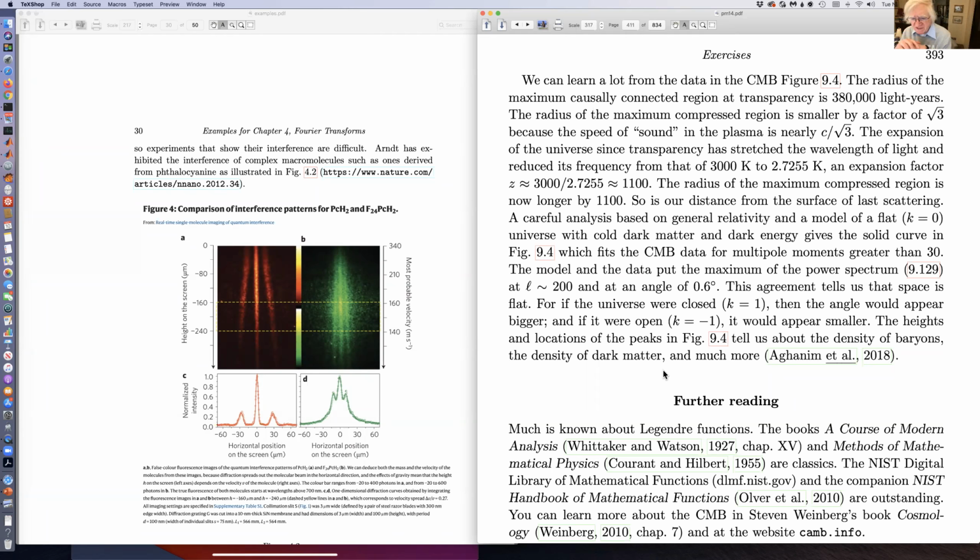All right, enough of that. We've got 4 minutes left. I really should say something else. Maybe I'll just say something about this last paragraph here. The radius of the maximum causally connected region at transparency is, well, 380,000 light years.